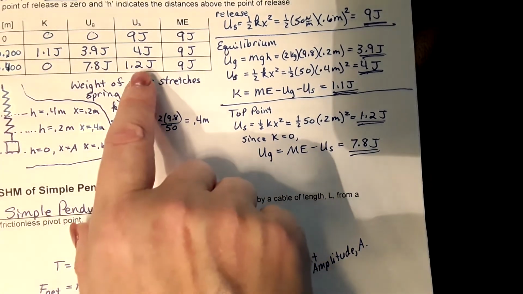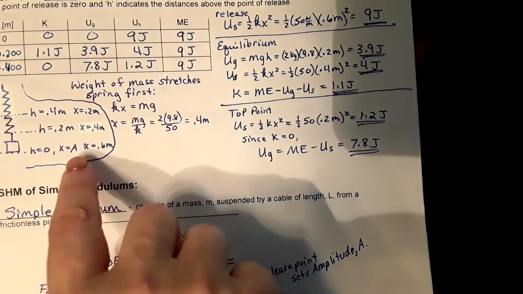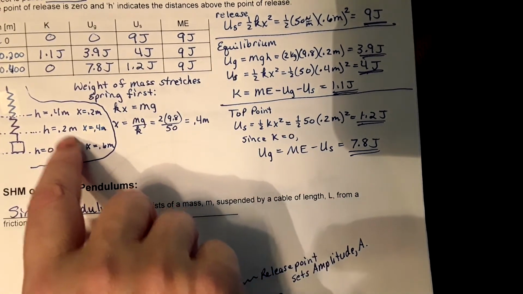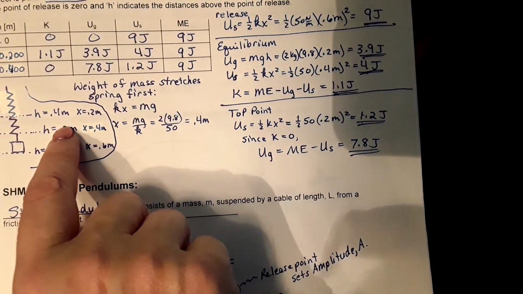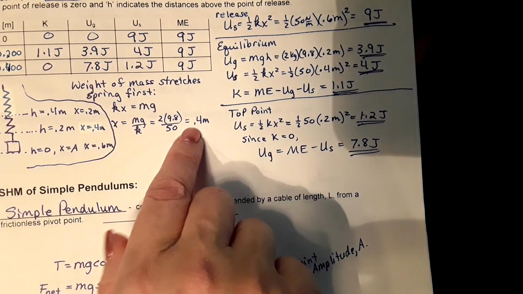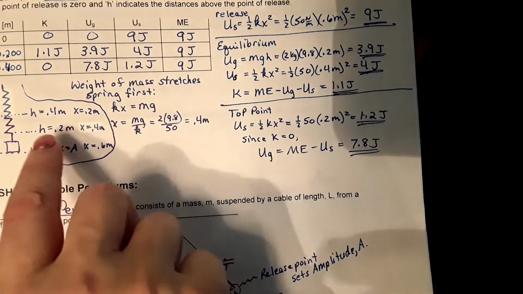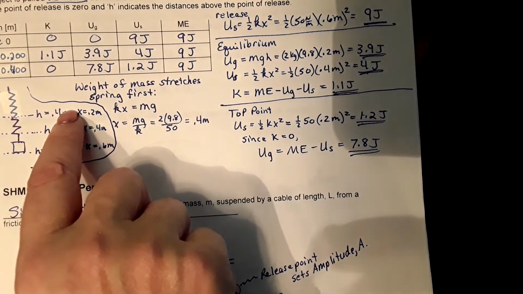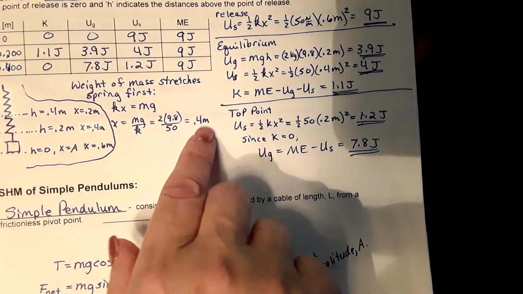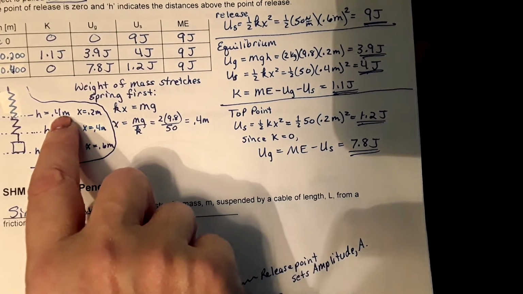We also know that it's compressed by 0.2 meters from its unstrained length. Unstrained length is 0.4 meters, so actually it goes back up to 0.4. That's what the problem is.